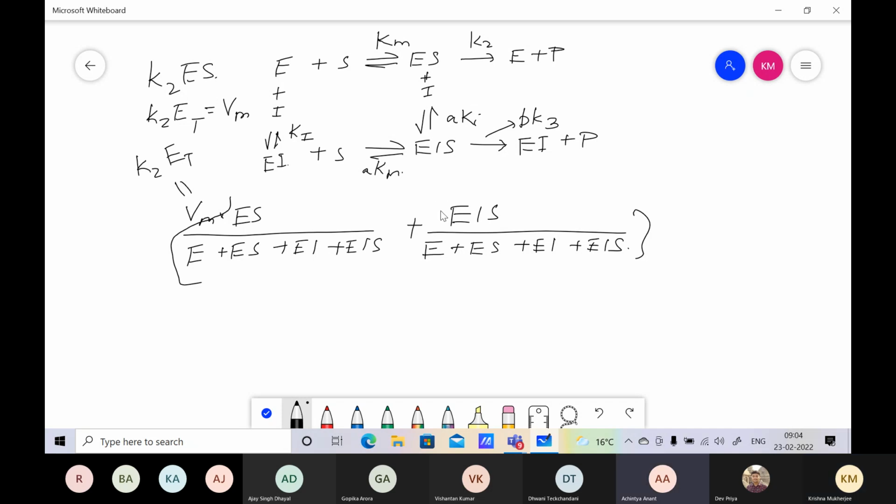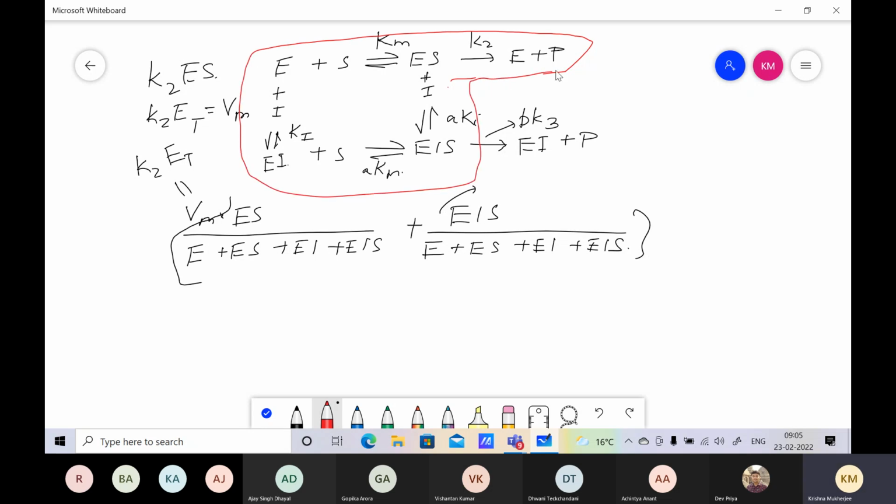Sir, how did this EIS upon E plus ES plus EI plus EIS part come? Just like this one. Suppose that this reaction was active. We were assuming that this reaction is inactive, and therefore this is a dead-end complex.